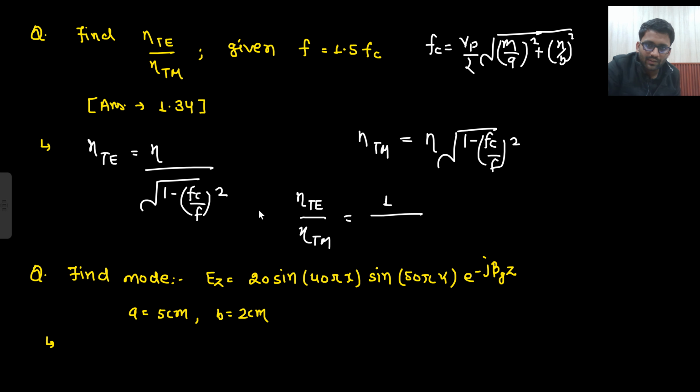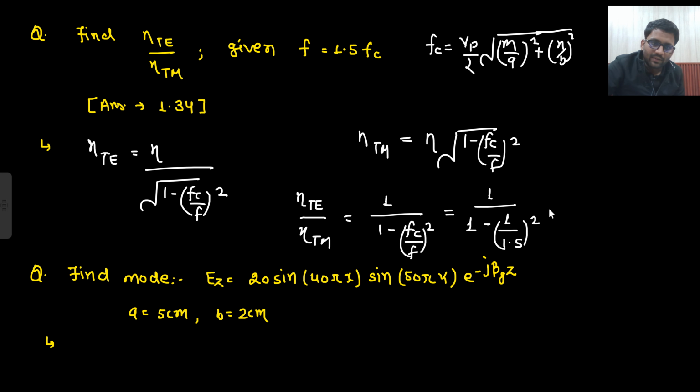So what you are getting, if you take the ratio, then 1 minus FC by F whole square. So if you calculate it, what you are getting is that 1 minus 1 upon 1.5 whole square. So 1 by 1.5, 1 by 1.5 whole square minus 1 plus minus then under root.